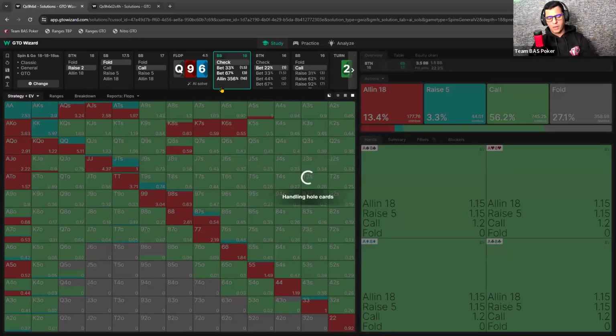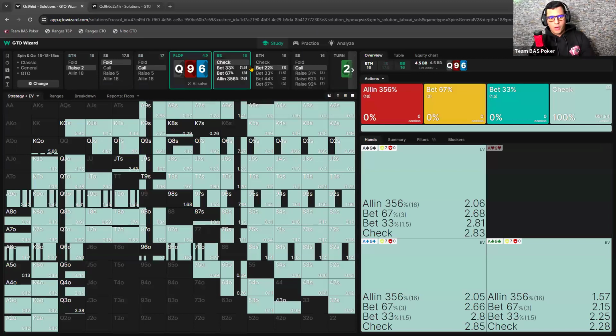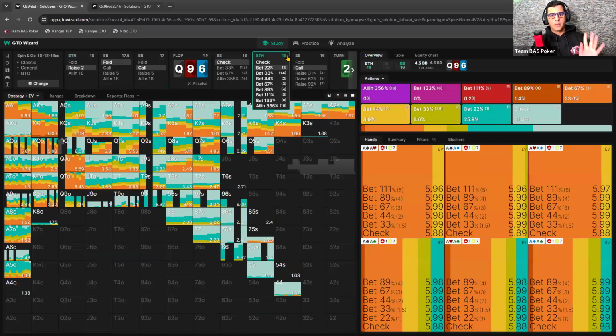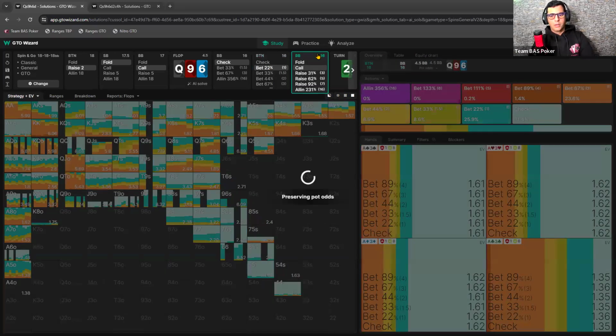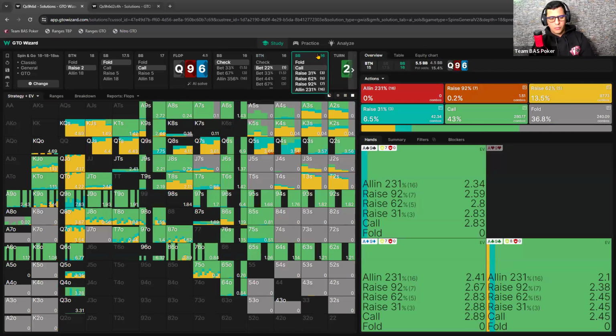That's coming in. We are going to check. So far, very standard. The button is going to c-bet. Here GTO is kind of splitting the sizing, which isn't the topic of today, of course, but let's say he's c-betting the standard sizing, a sizing a lot of players will use, which is very small, and we are check-calling.